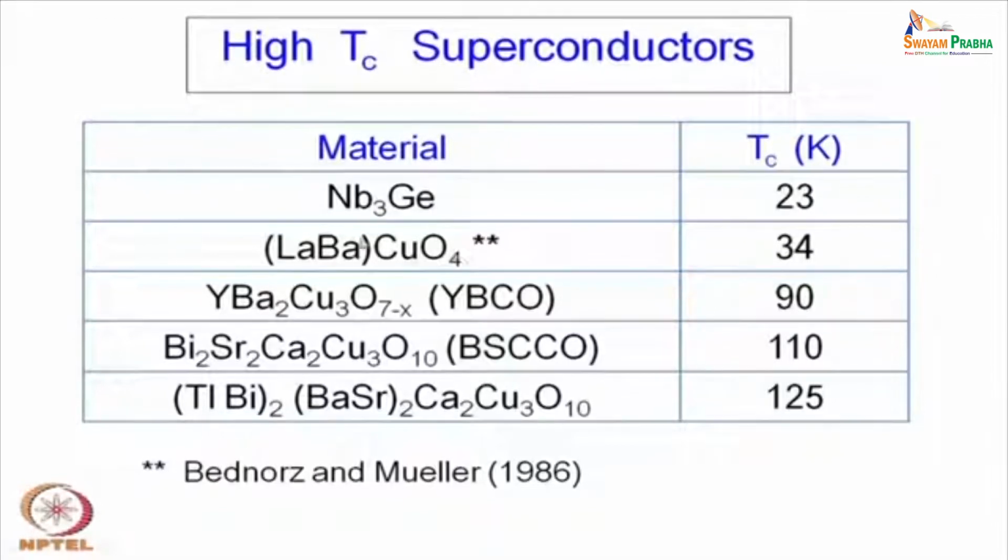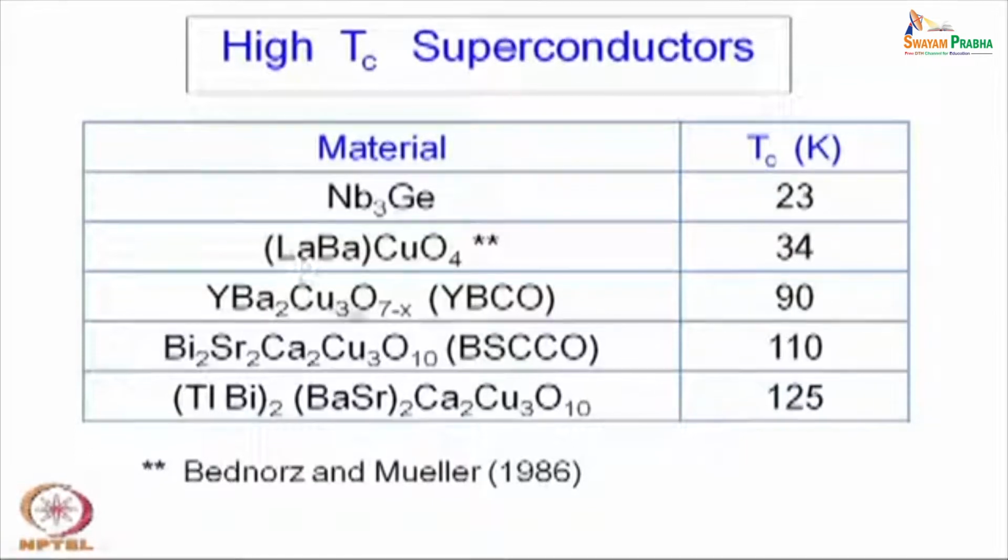So, the first high temperature superconductor, in effect, is here, but in between this is the first observation of a superconducting phenomenon in an oxide based material, lanthanum barium cuprate, lanthanum barium copper oxide.